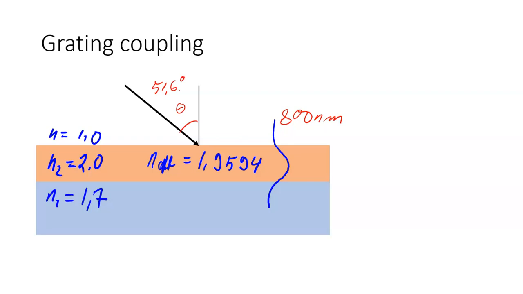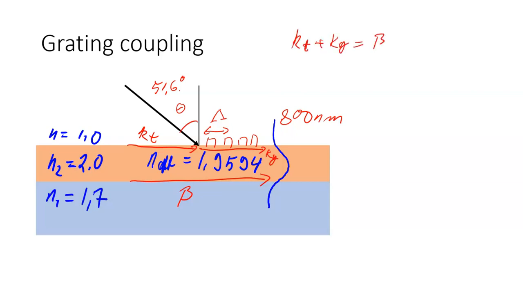And our question is, what should the period of the grating on the surface of the waveguide be to enable the coupling into the forward direction? We draw the tangential component, propagation constant, and grating vector. Then we identify the phase matching condition and simplify.